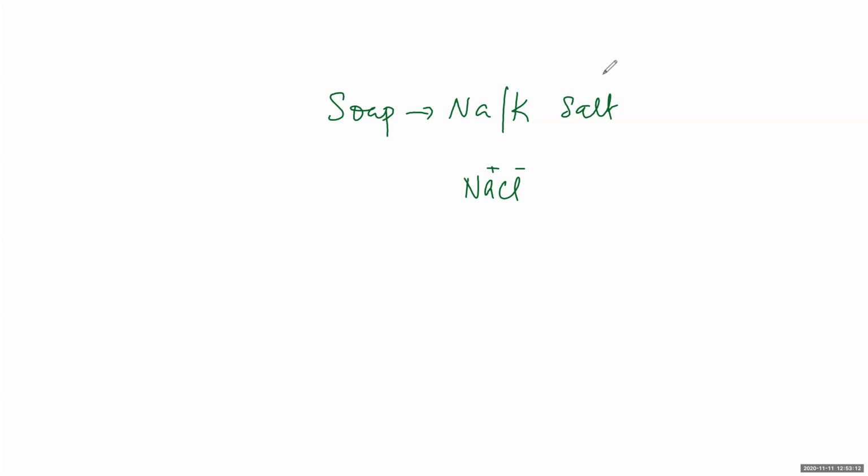By the addition of a stronger electrolyte, sodium chloride, the dissociation of the sodium salt of fatty acid, or soap, is suppressed, and there is precipitation of soap. The process is called salting out of soap. Soap is precipitated by the addition of common salt, sodium chloride, and that is also an application of a common ion effect.